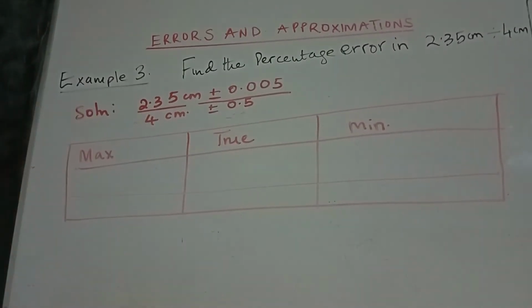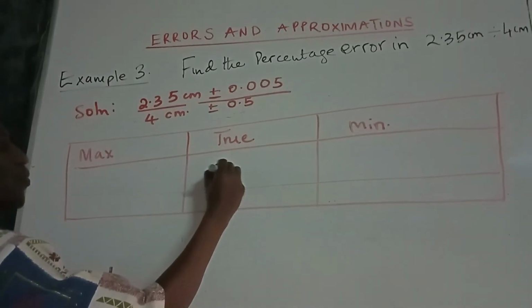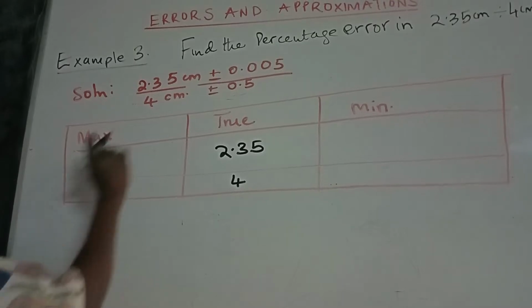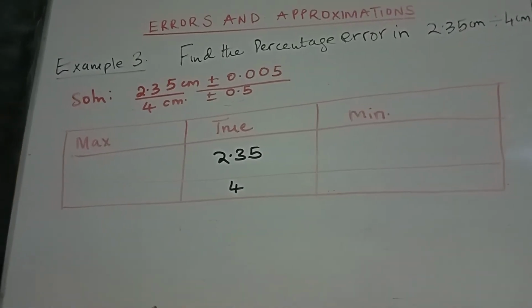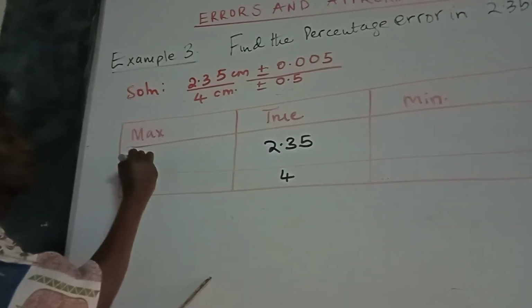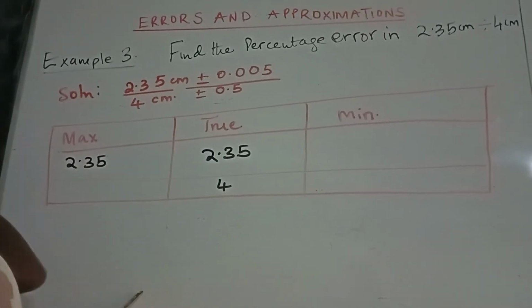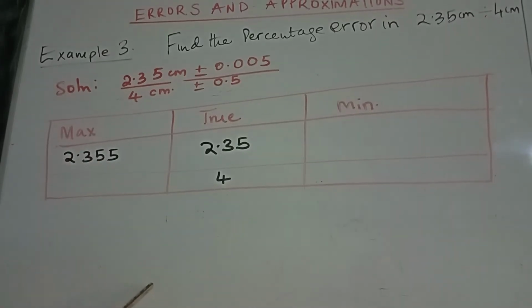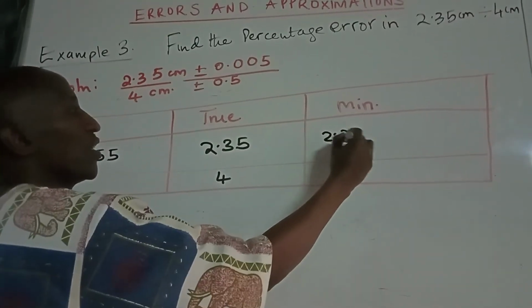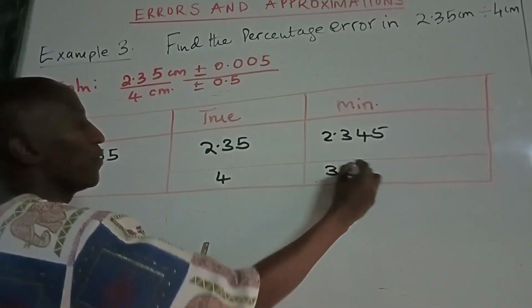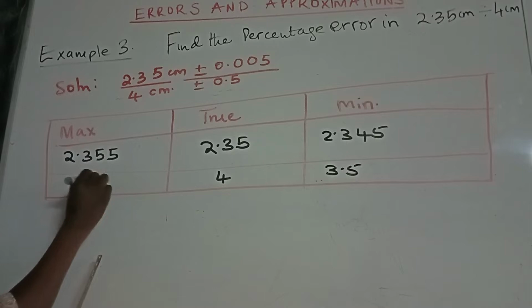Now the values are 2.35 and 4. Meaning, the maximum for the first is 2.35 plus the 0.005, giving 2.355, and the minimum is 2.345. Whereas for the second, the minimum is 3.5 and the maximum is 4.5.